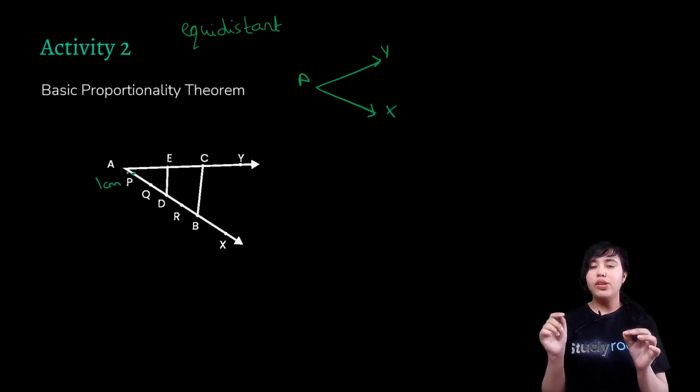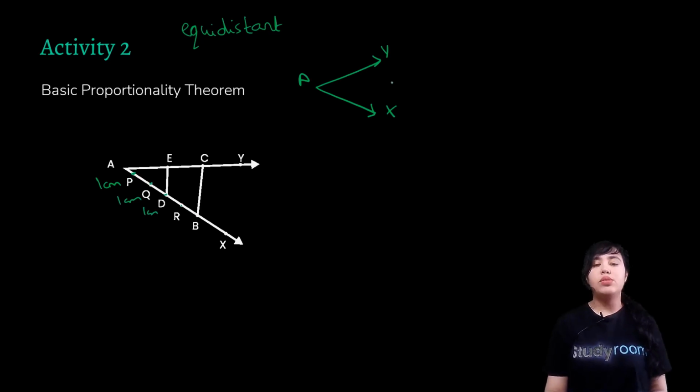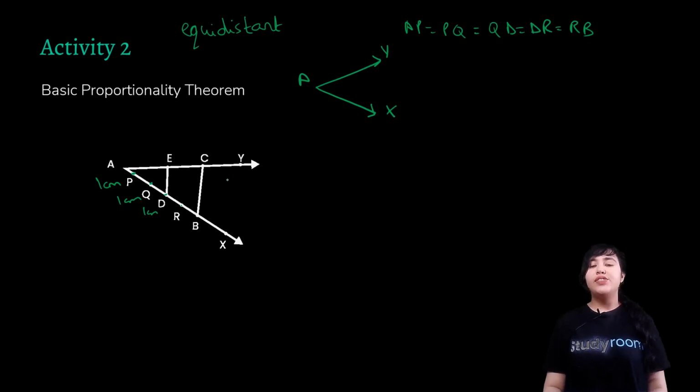Make use of your ruler and take a distance of 1 centimeter away from point P. Plot this point Q, then R, and so on. So all these distances are 1 centimeter each then. Okay, so basically I'm trying to say here that AP should be equal to PQ, should be equal to QR, and so on. Once you're done with this arm AX, let's focus on this another arm AY.